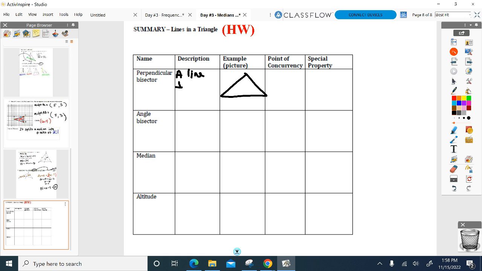A line perpendicular to a side. Is that it? Just perpendicular? And it bisects a side. What's bisects? Because you're kind of just telling me that. All right, so a line perpendicular to a side and cuts it in half.